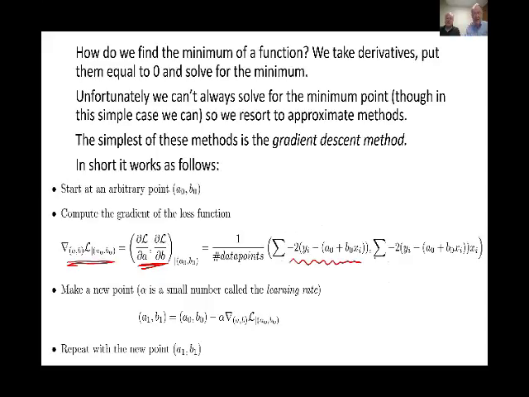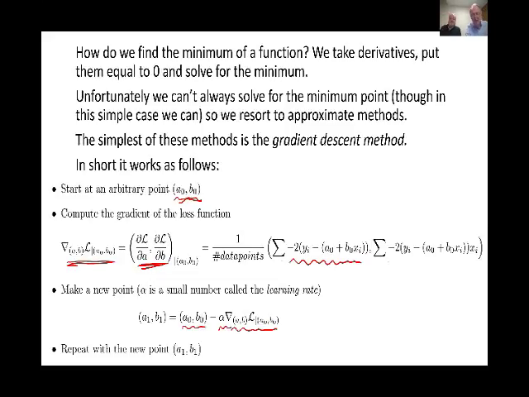So that's the gradient. And now the idea is that we're going to start at some point, and we can choose our favorite point, and then we're going to move from this point towards a minimum. The way we're going to do it is we're going to take our point here, take the gradient and multiply that by a small number, which is called the learning rate, and subtract it.